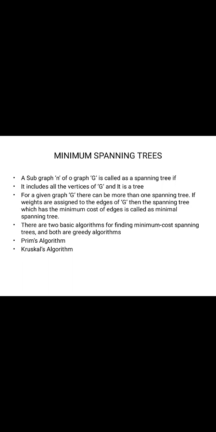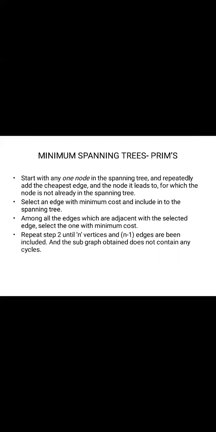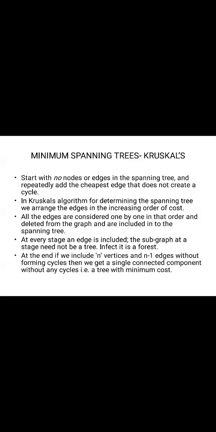This type of construction is called a spanning tree. A spanning tree cannot form a cycle and covers all vertices. This type of tree is called a minimum spanning tree. We use two methods, Prim's and Kruskal's algorithm, to construct spanning trees.